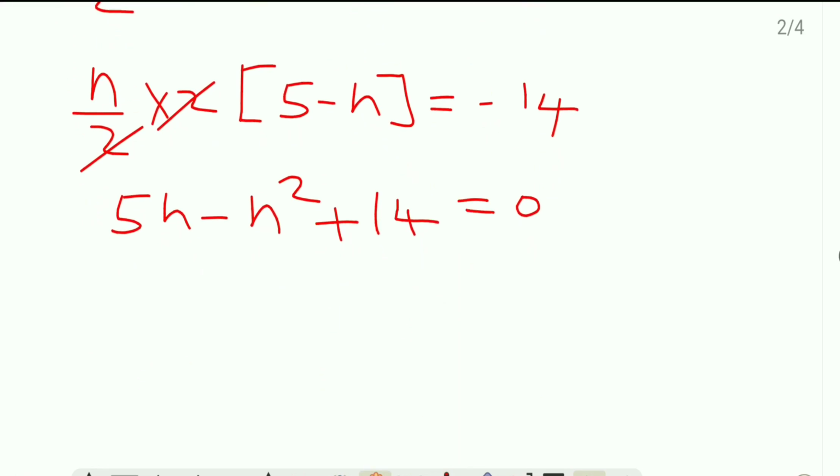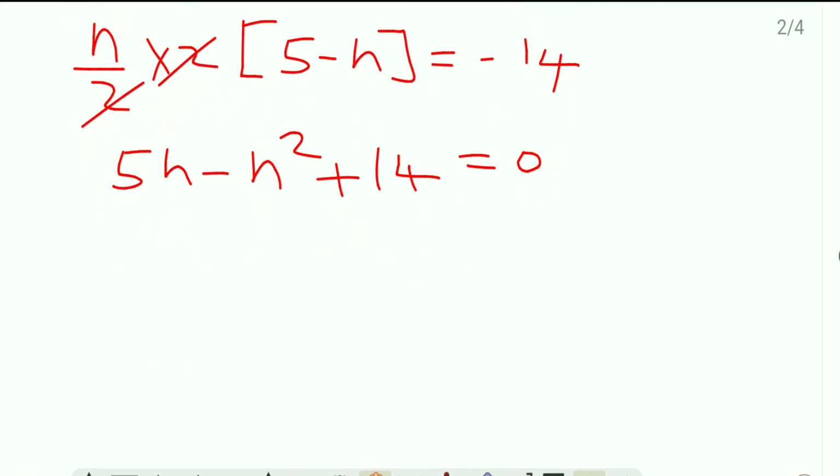Now we can change the sign of every term, on both the sides, so our equation will become a little more simplified. So here this I will make plus, this one is minus and this one is also minus. See, correct? n square minus 5n minus 14.